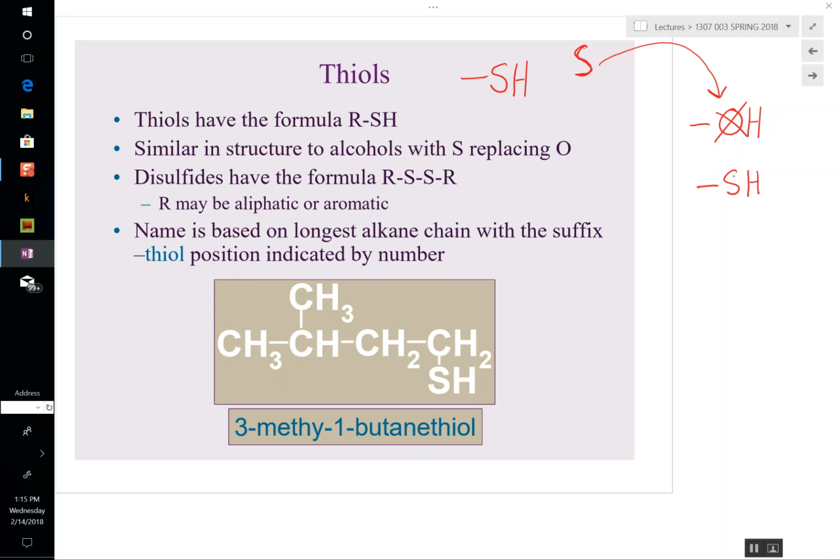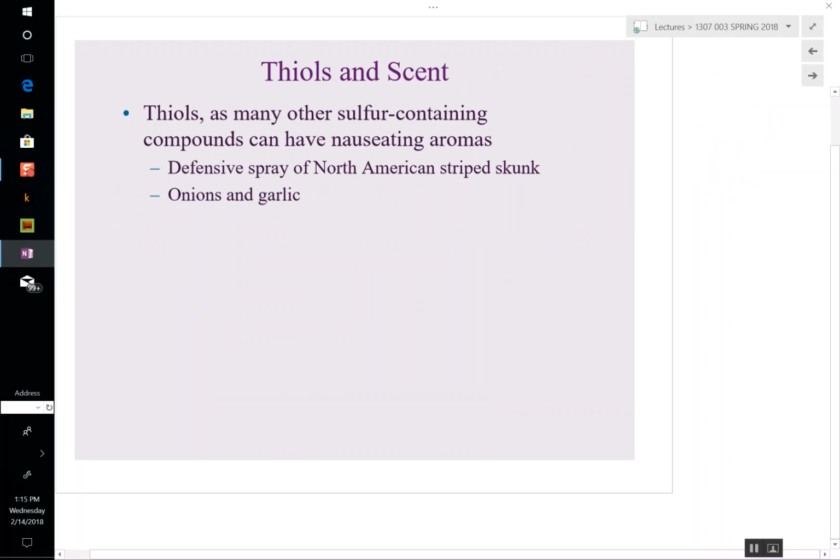Now that's where the similarity ends, because the SH group leads to extremely offensive odors of the molecules. Thiols are nauseatingly stinky, okay? They'll nauseate.